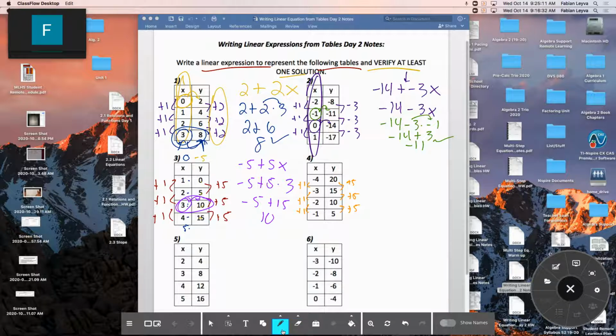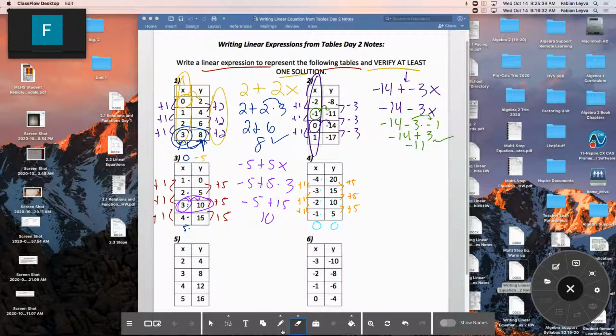Now let's think about this. If I work down, this is negative 4, negative 3, negative 2, negative 1. What is the very next value down the pattern? It is a 0. So notice that I just continued my pattern. I kept adding 1 because I knew my 0 was somewhere at the bottom of that table. Now let's do the same thing to the y's. As I'm going down my pattern, I'm going to go 20, 15, 10, 5, and if I'm minusing 5, it would be a 0.